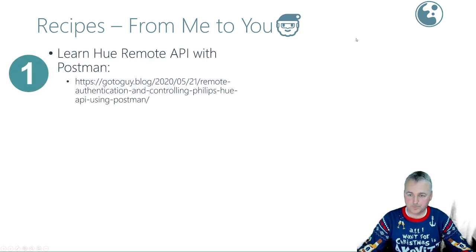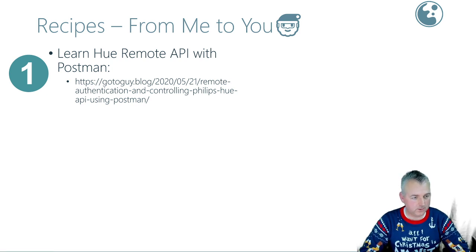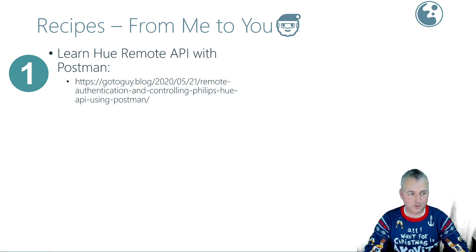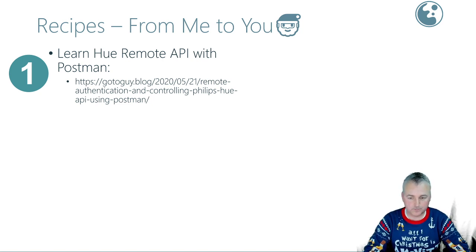So I have some recipes. In addition to demoing and showing the solution and taking questions today, I'm providing you with a complete set of recipes for how you can create this yourself. First of all, it's a good idea to start learning the API in Postman. Postman is a good way to explore the REST API of any kind of source.